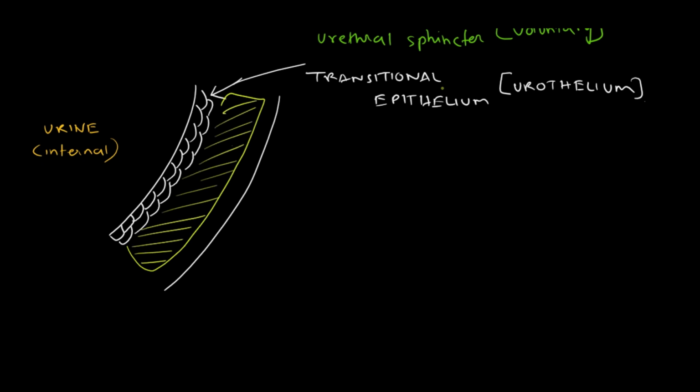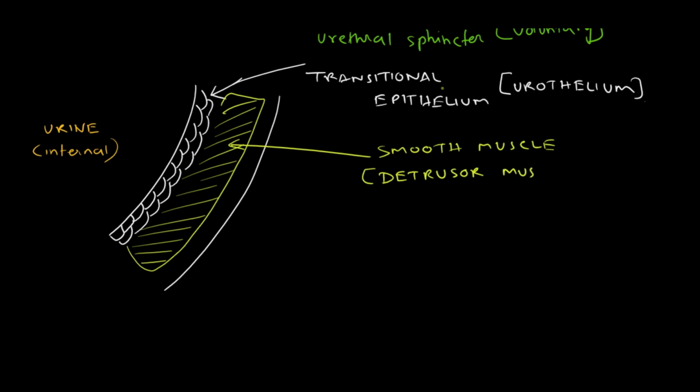In the case of the bladder, these smooth muscles are known as detrusor muscles.